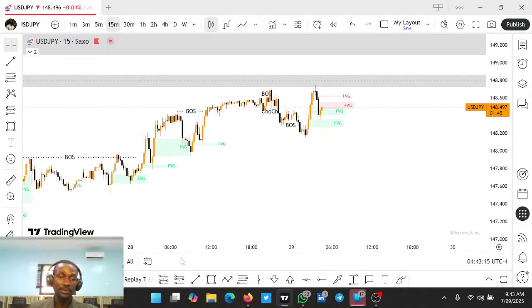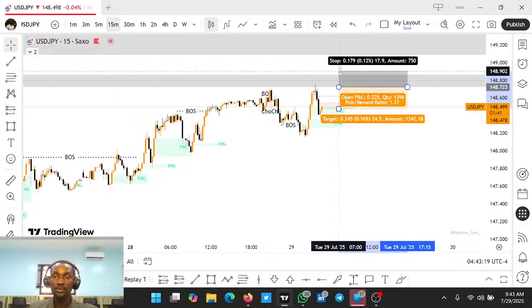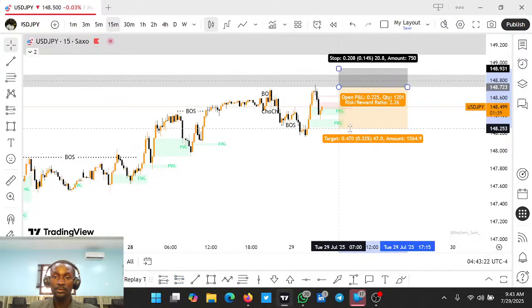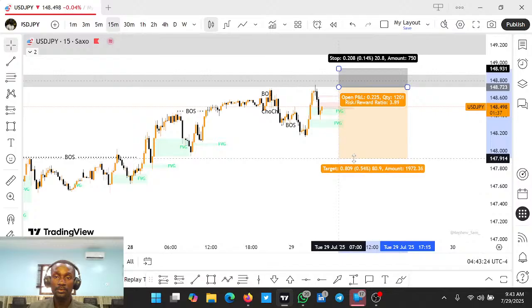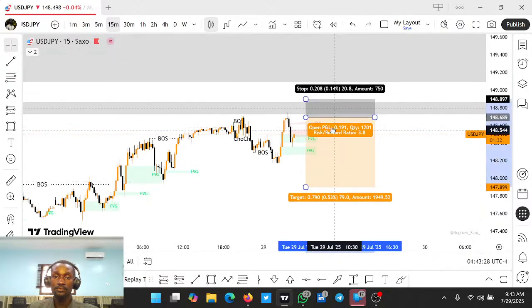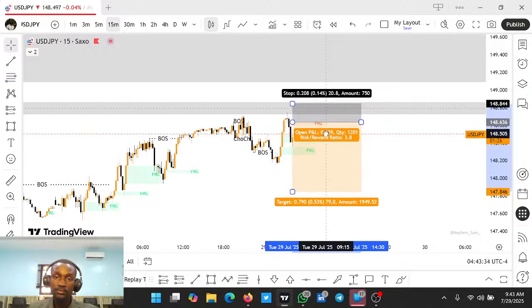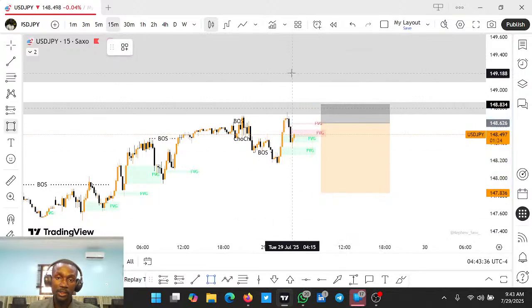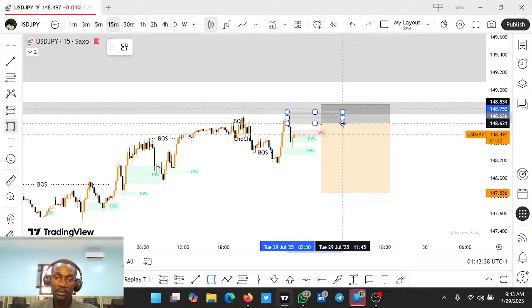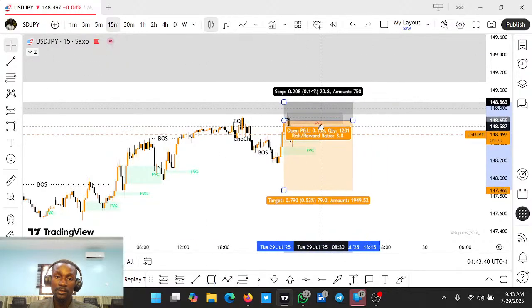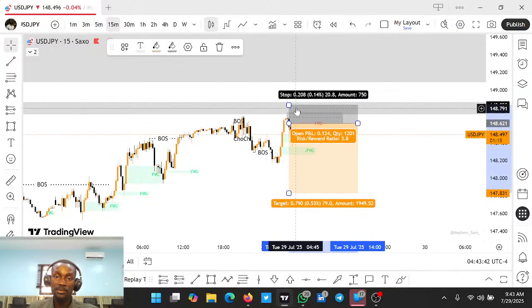USDJPY is a sell. This is our order block here. So we should be looking to sell USDJPY from here, right?